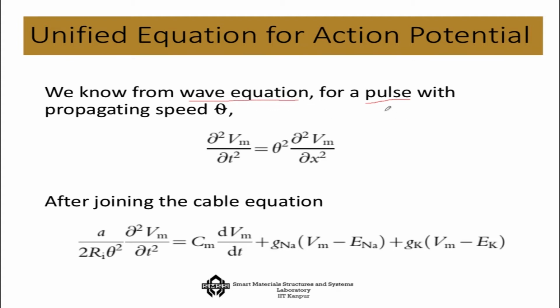If you remember the action pulse, if we try to model it, it is something like this: there is time t, and then the membrane voltage, which starts, for example, from a negative state, crosses the threshold, goes to a peak, then comes down again, and then goes back.